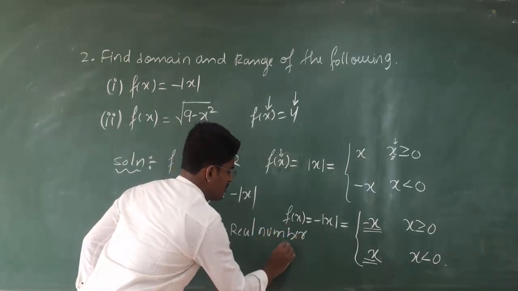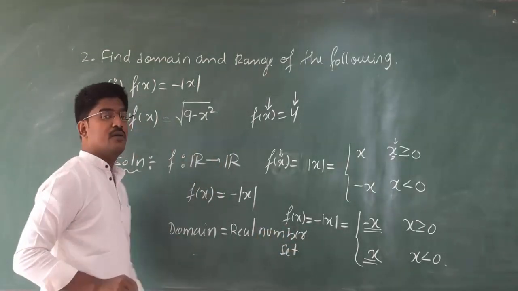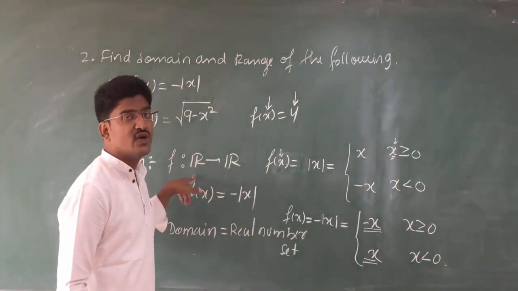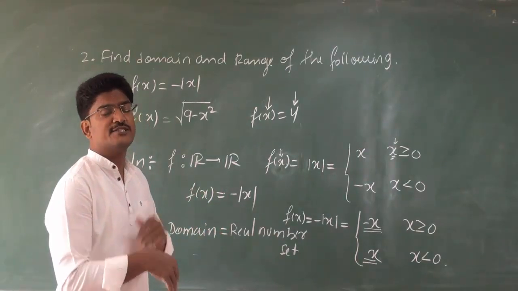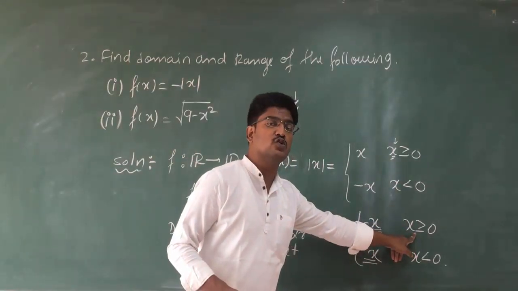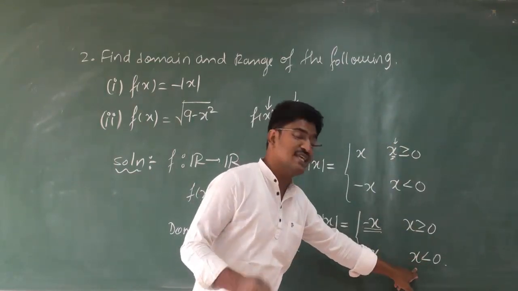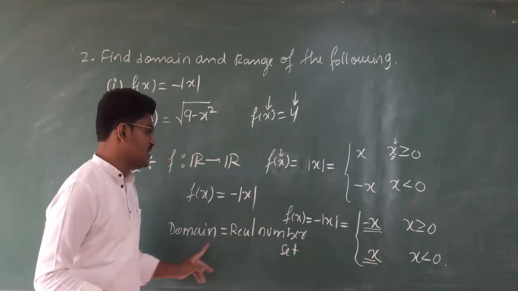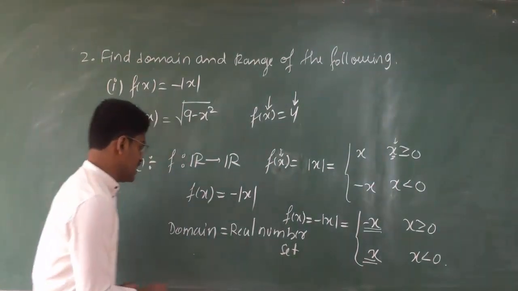Because these two terms are the domain. Anyways, R to R, that's why R is the domain. That doesn't make it tough. This is your domain, that is the real number set. Now range.